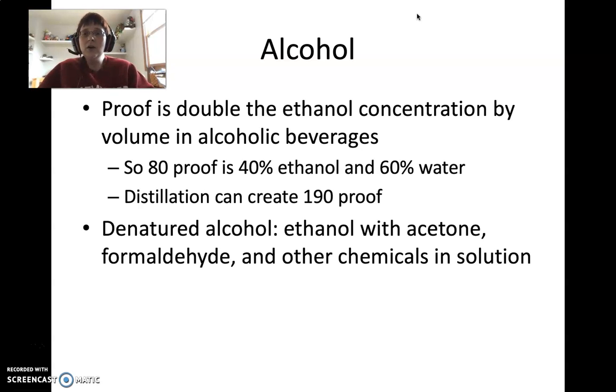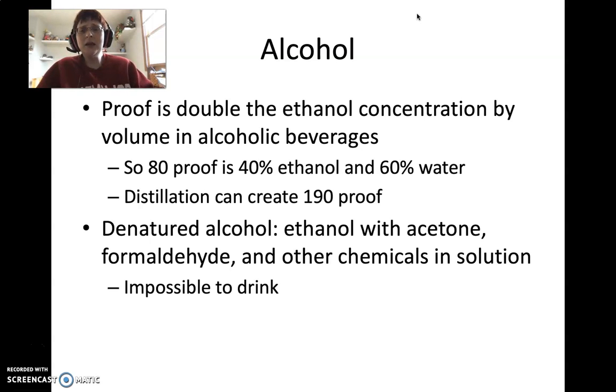You may also come across a product called denatured alcohol. Denatured alcohol is produced so that it can be used for various processes. It is made out of ethanol, which is the one that we can consume. However, it's going to have other materials dissolved in it as well. You can see here in the list, for example, acetone and formaldehyde are just two of the chemicals that will be mixed into this.